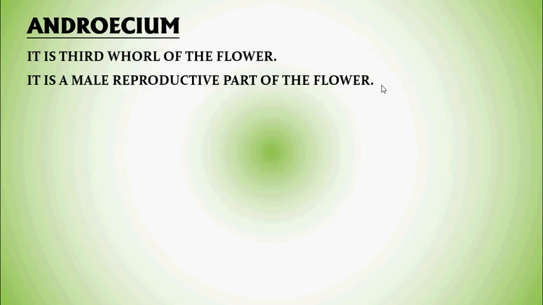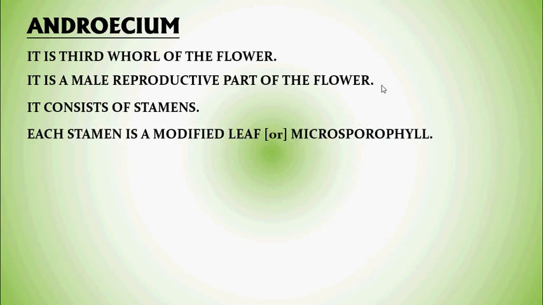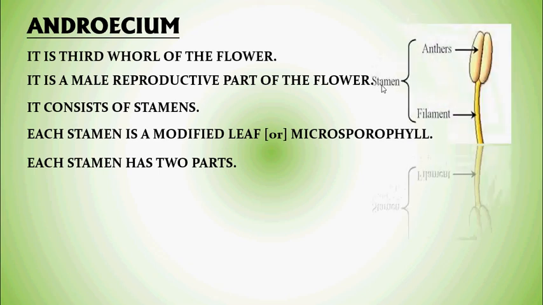Androecium. It is the third whorl of the flower. Androecium is the male reproductive part of the flower. It consists of stamens, and each stamen is a modified leaf or microsporophyll. Each stamen has 2 parts. First one, filament.